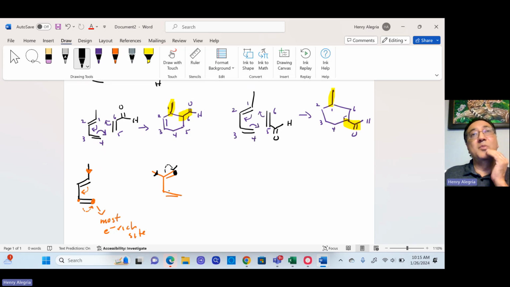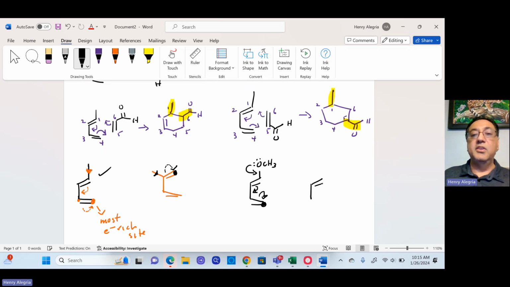Now, some textbooks say just treat it as if it's a full-blown resonance situation. Meaning the following. If I think of, let's say, having a methoxy group, in the case of the methoxy, the oxygen will push by resonance this way, which means those electrons move that way, and they move that way. So once again, just like this case, you see this carbon is your most electron-rich site.